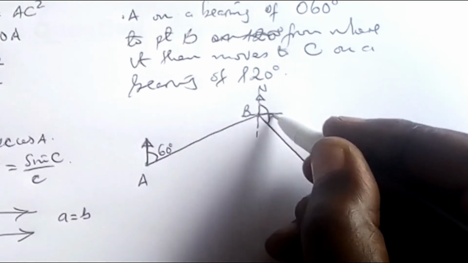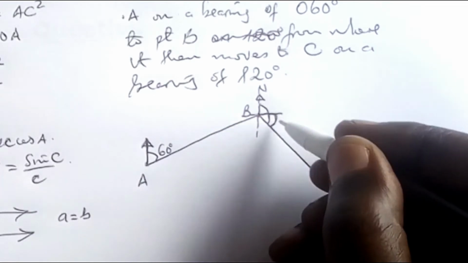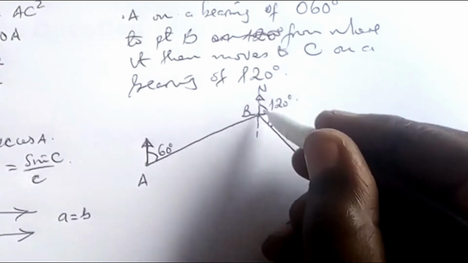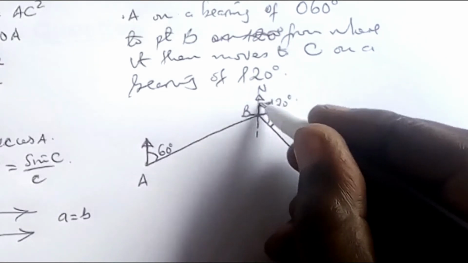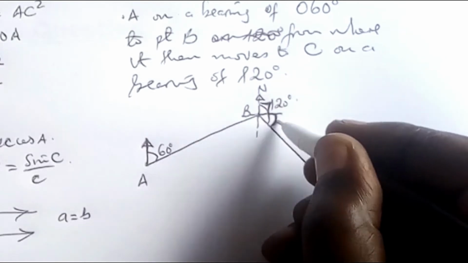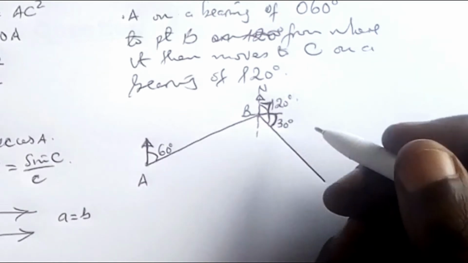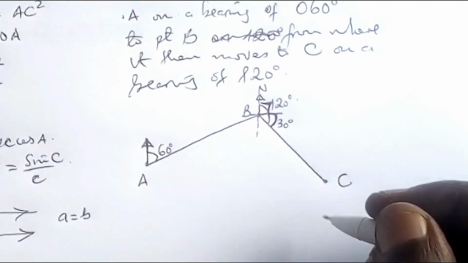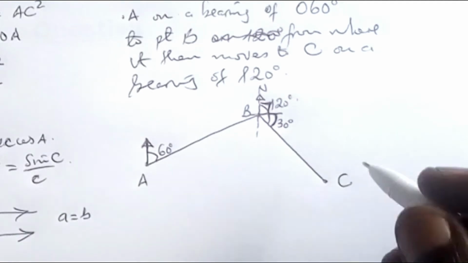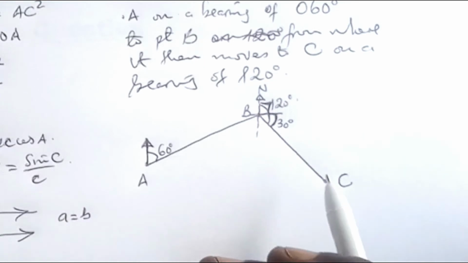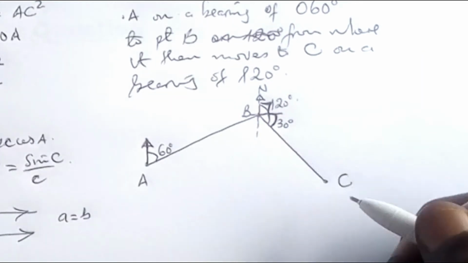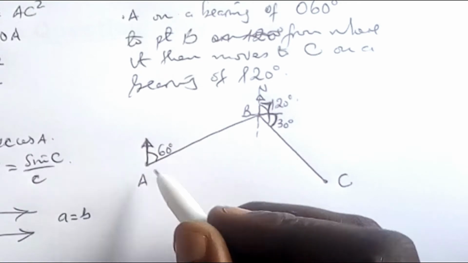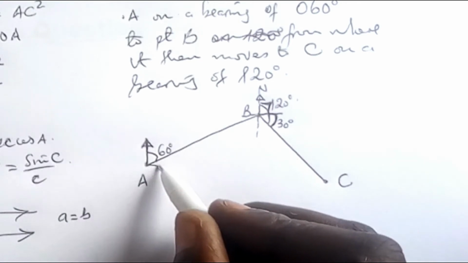My angle of interest is this acute angle that is carved out. So I know that this is 120 degrees and this is 90 degrees. So the rest of the angle should be 30 degrees. So I would arrive here at C, and then the question can now start asking me certain calculations. I first have to connect the original point with the final point to obtain a triangle.